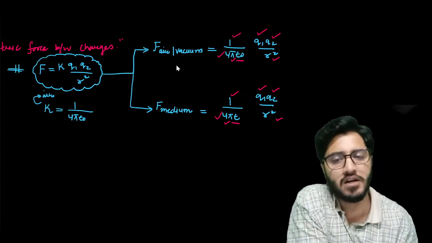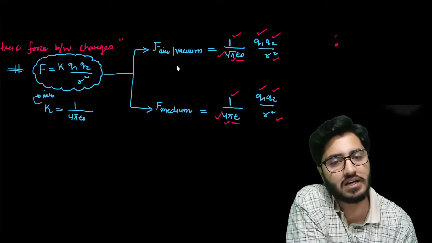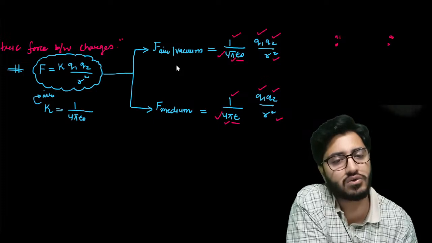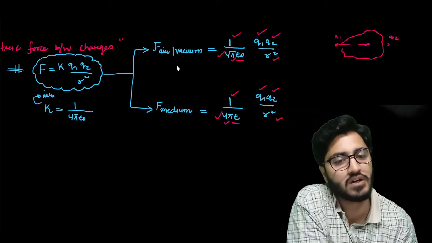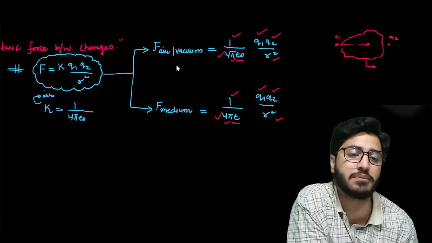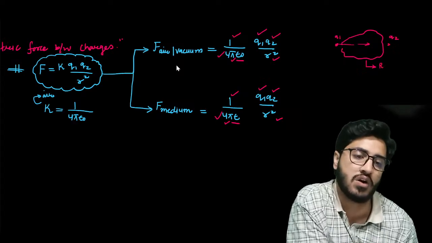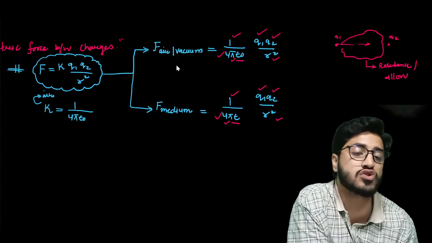Look, beta. So here I have a particle Q1, here I have particle Q2. This particle will exert some force on the other. Here we have a medium. This medium will show some resistance, or it will allow your force to travel.